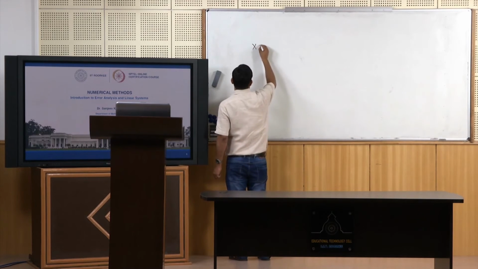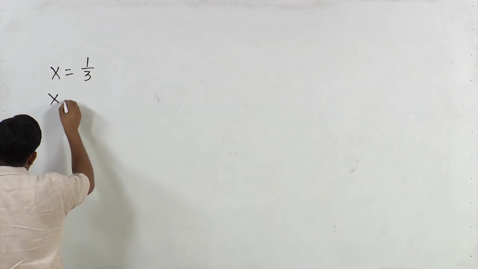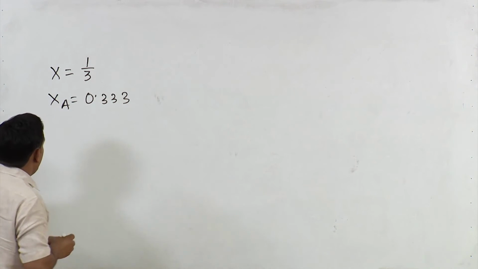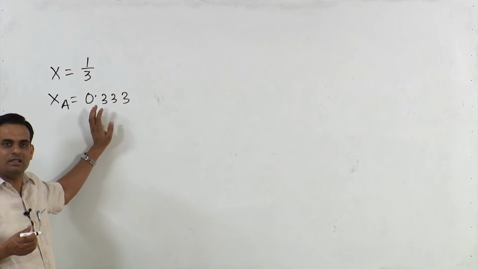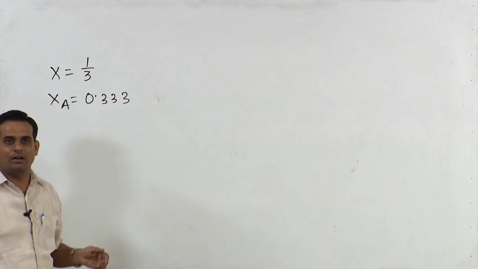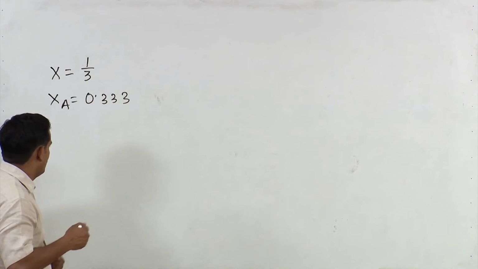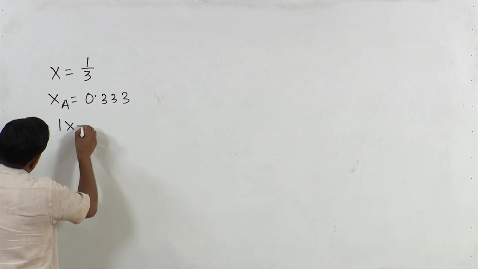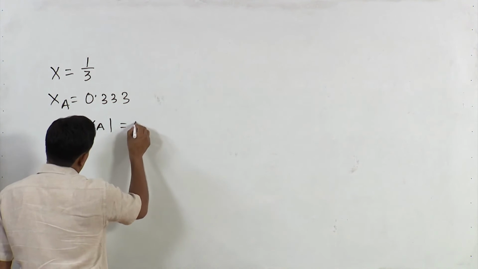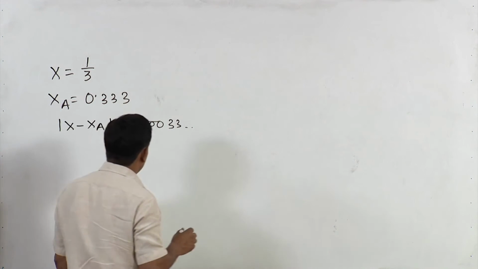Let us say the true value is 1 by 3 and the approximate solution is 0.333. Now, I want to check up to how many significant digits this approximate solution matches the exact solution. First of all, I will calculate x minus x_a, and it will be 0.00033 and so on.